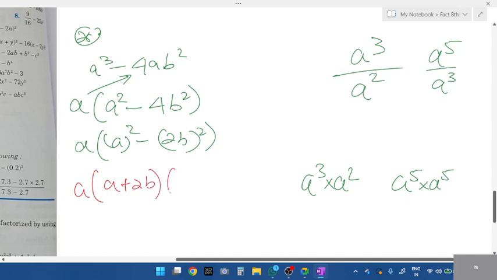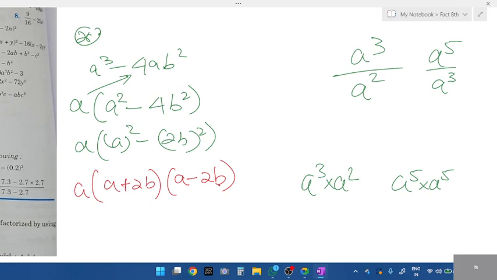A plus 2b into a minus 2b. A students done? Completed? A plus 2b, a minus 2b.